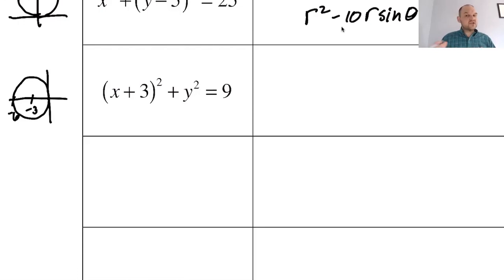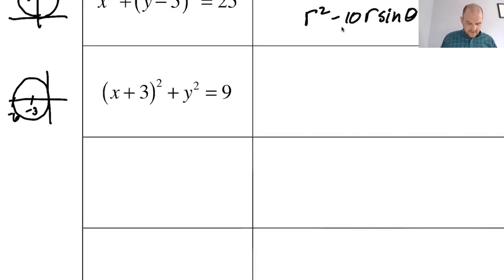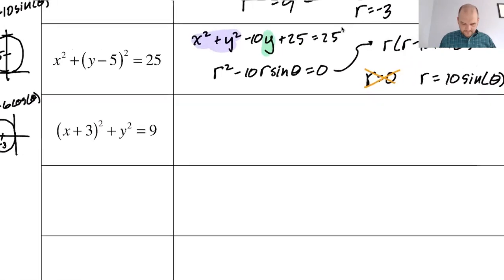So maybe I could just use the directed diameter and say that the diameter is negative 6. It's a direction. I think I might end up with negative 6 because of the directed diameter, and then cosine because it's an x thing. So this is my guess as to what I'm going to get. Let's actually do the work.